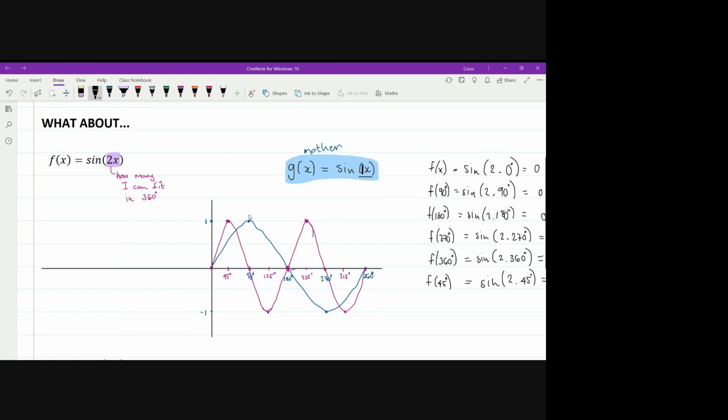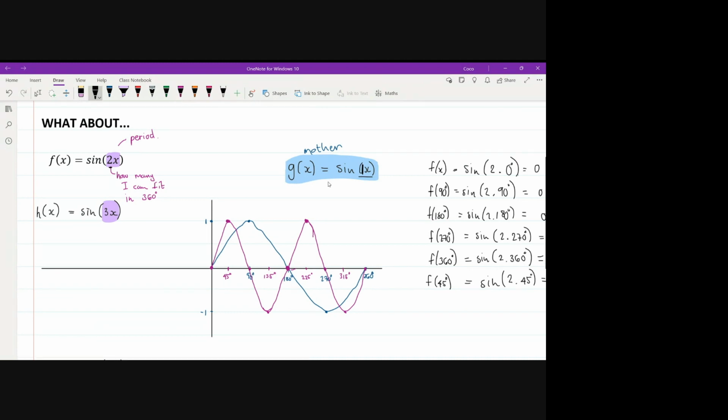One. It went up and then down and then back to the center again. But in this graph where we've added a 2, there is now one extra graph in it. If I had a graph h of x equals sine of 3x, how many graphs would I be able to fit in 360? 3 graphs, right? But then this will also affect my period, would it not? Yes, it affects my period.